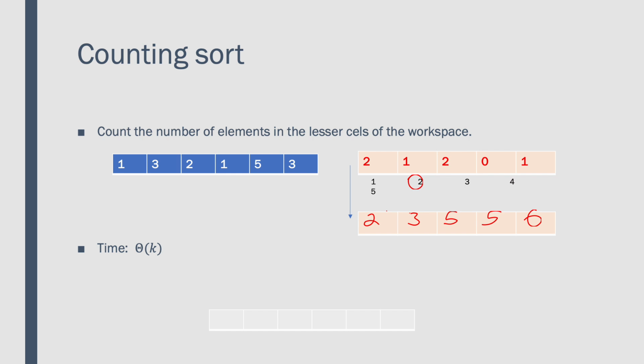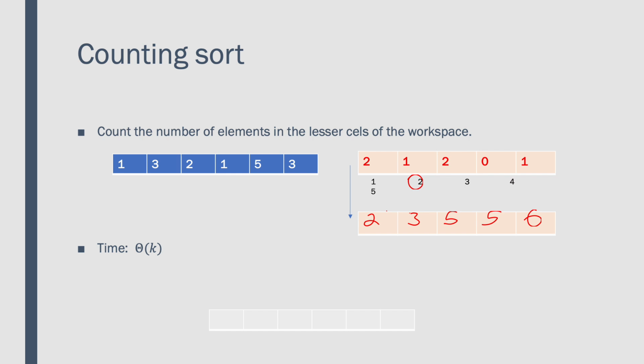For index 1 we have 2, and since 0 plus 2 is equal to 2, then for index 2 we have 2 plus 1 equal to 3, then for index 3 we have 3 plus 2 equal to 5, and then for index 4 we have 5 plus 0 which is equal to 5, and for index 5 we have 5 plus 1 equal to 6.